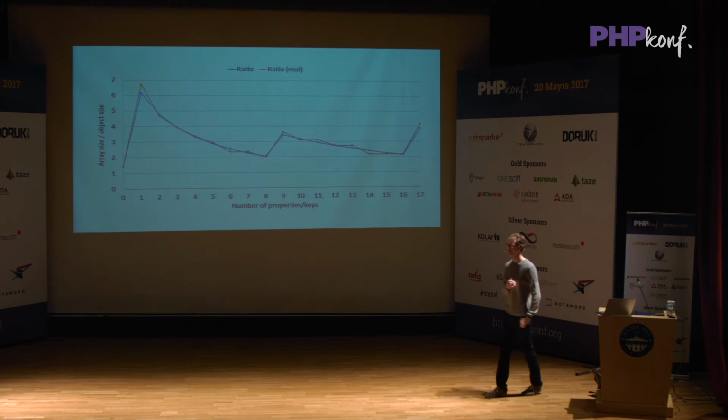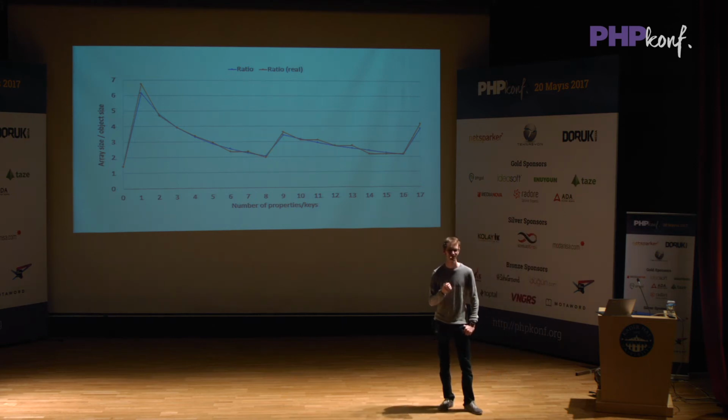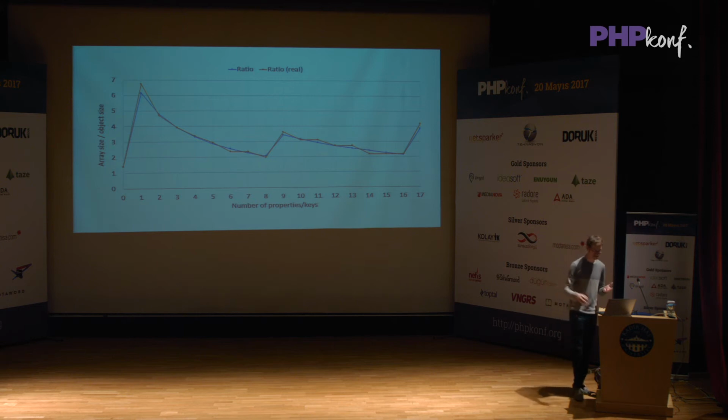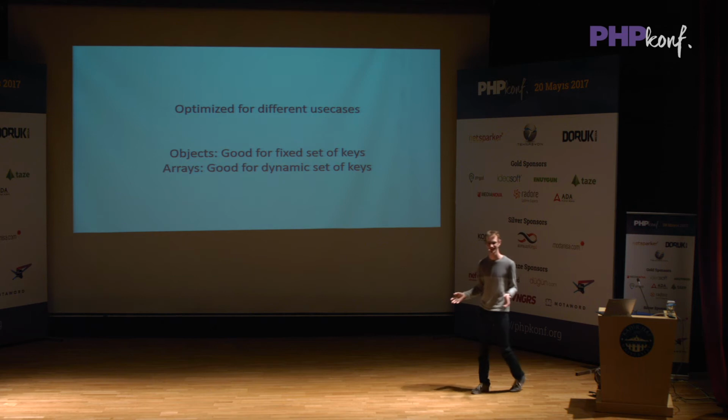Yeah, so I posted these graphs on Twitter some time ago, and there was one person asking, well, if objects are so much more efficient, why don't you just implement arrays on top of objects? Which is, okay, fair enough. The reason is just that arrays and objects are optimized for completely different use cases.